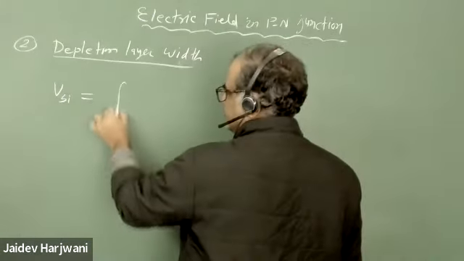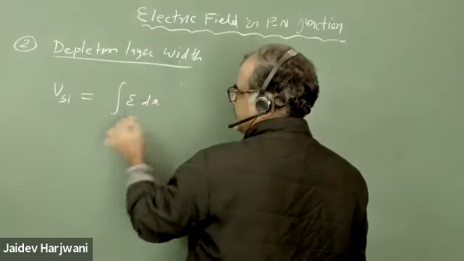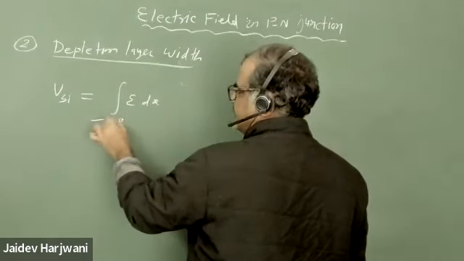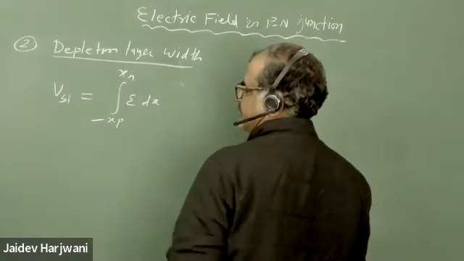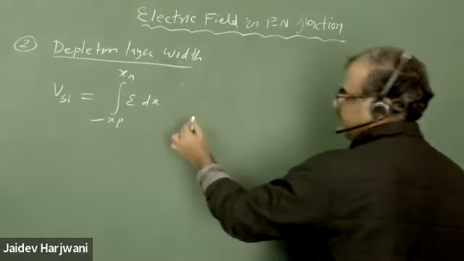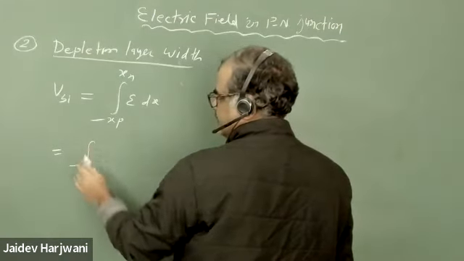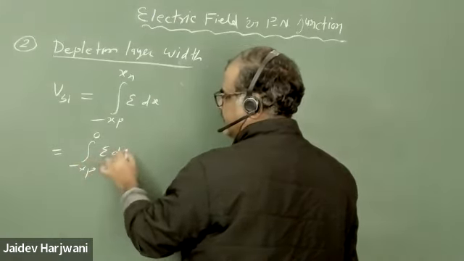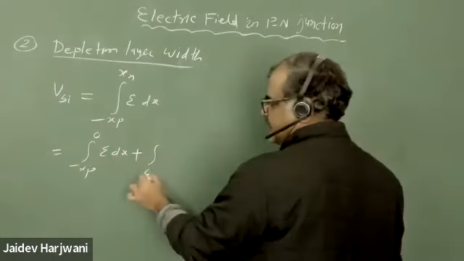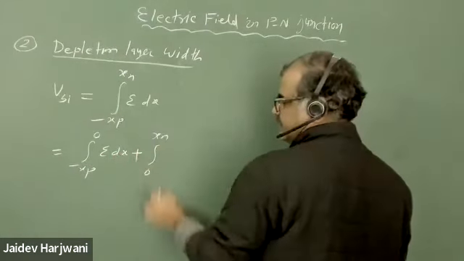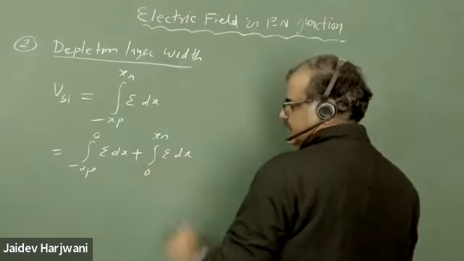I know the electric field E dx varies from minus xp to 0, and similarly I know the electric field from 0 to xn.